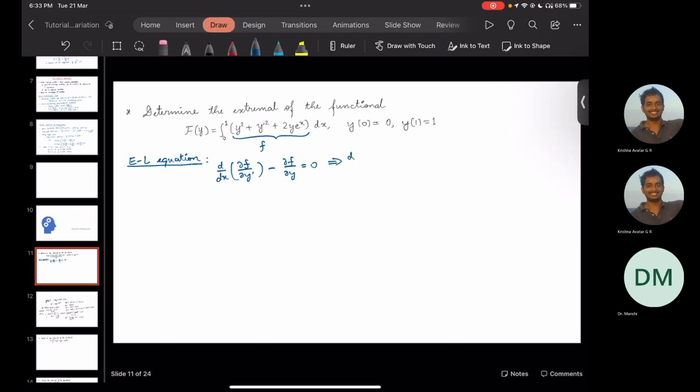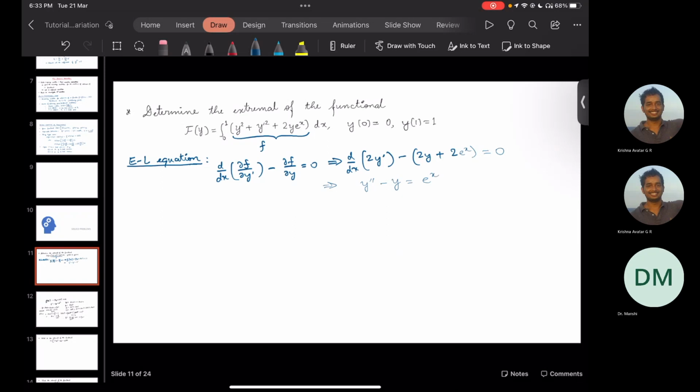So this implies that d by dx of del f by del y prime is 2y prime, and minus del f by del y is 2y plus 2 e to the power x is equal to 0. So we factor out 2. This gives us y double prime minus y is equal to e to the power x.